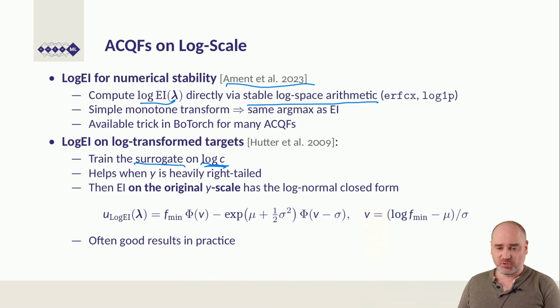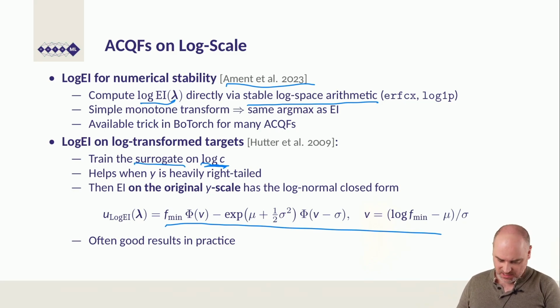If you're using a Gaussian process, and if you have heavy right tails in the distributions of your observed cost values, and that's actually something that happens very often in AutoML, HPO, and algorithm configuration, then this logging of the cost values repairs this. And then you can actually write down an analytic formula for your expected improvement criterion on the original Y scale.